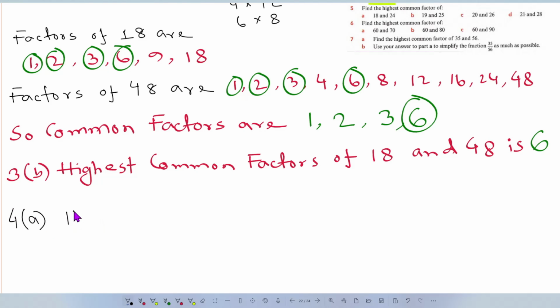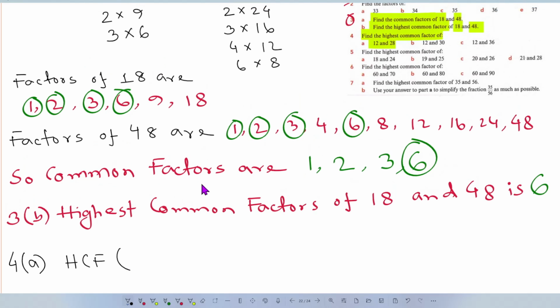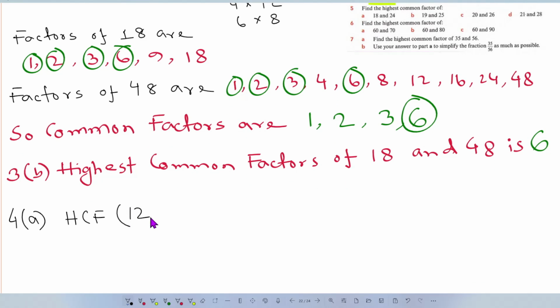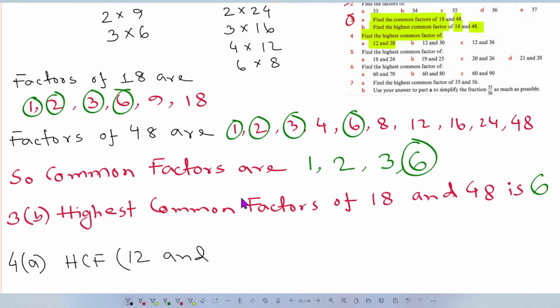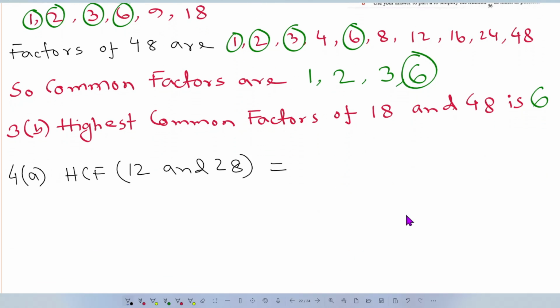HCF of 12 and 28 equals, we will write in here, but first we have to find out the factors of 12. 12 we can write 1 times 12, 2 times 6, 3 times 4.